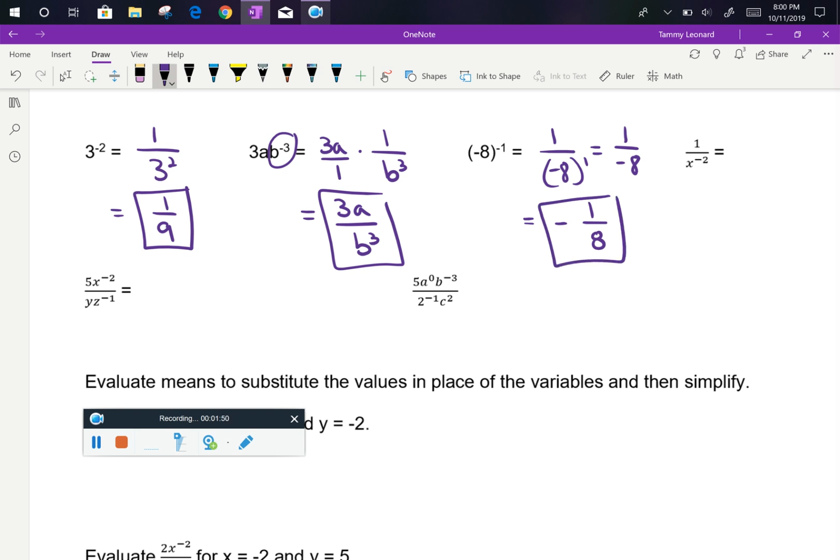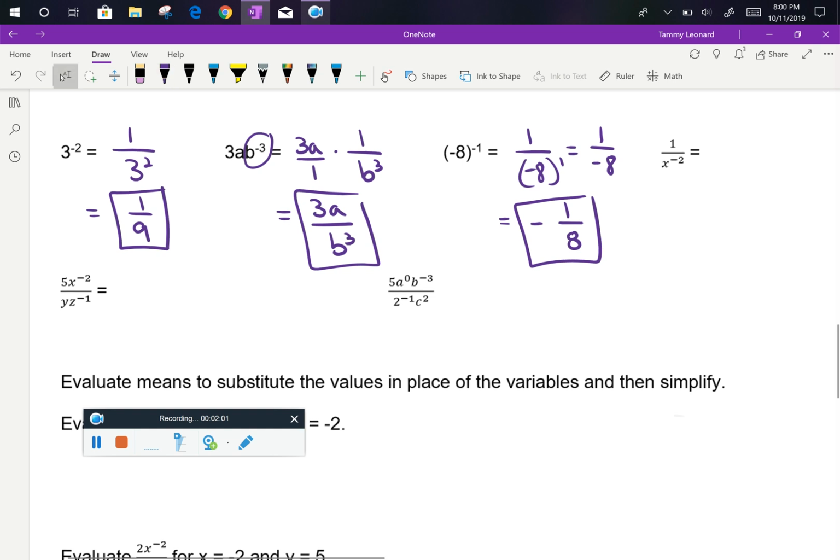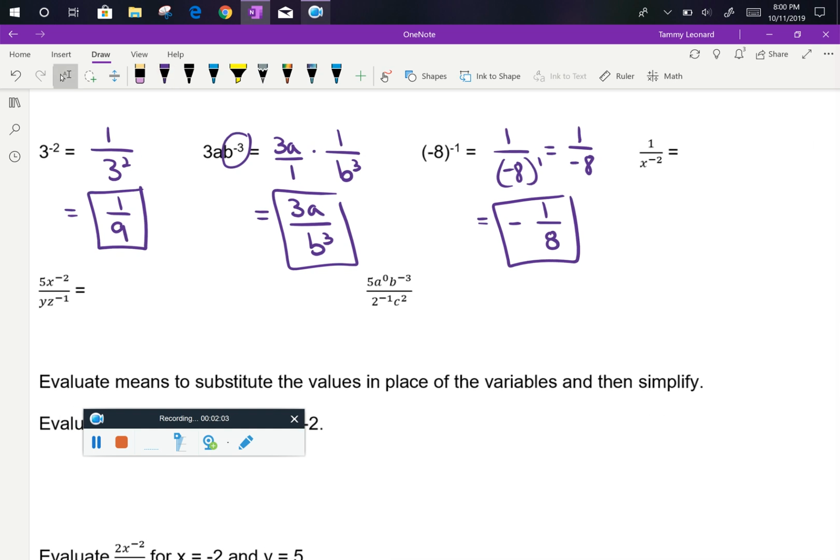Now this problem looks a little bit different, but if you remember that a negative exponent means take the reciprocal, it won't be so bad. Since x to the negative squared is in the denominator, we can think of this a couple ways. One option is to think of this as 1 over 1 over x squared.